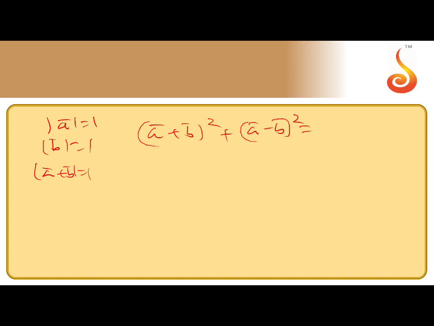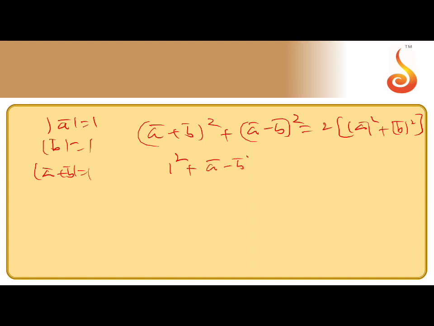So here modulus A is 1, modulus B is 1, modulus of A plus B also 1. We have one formula: (A bar plus B bar) whole square minus (A bar minus B bar) whole square equal to 2 into (modulus A square plus modulus B square). So (A bar plus B bar) whole square means modulus of A bar plus B bar, that is 1 square.